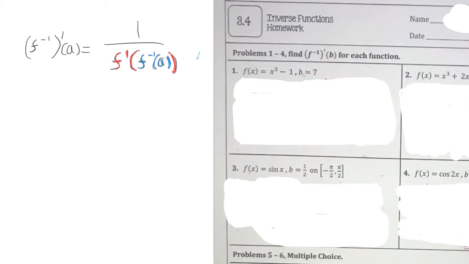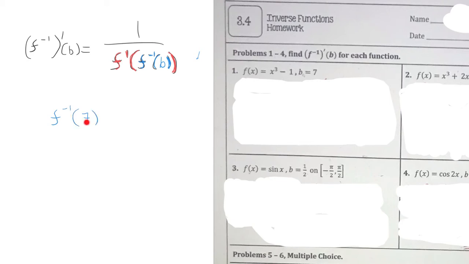I'll use b to avoid confusion, just to conform this formula to the worksheet. So ultimately what we're trying to find, according to the blue part, is the inverse of f of 7, right?